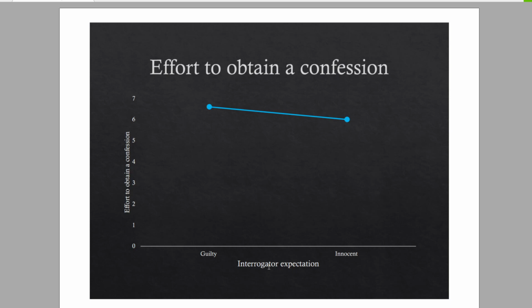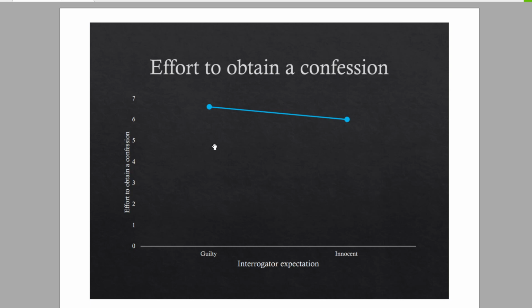This was how much interviewers expended effort to obtain a confession from a suspect, and either the interrogator had a guilty expectation or an innocent expectation. You can see that they put a lot more effort into obtaining a confession when they thought the person was guilty than when they thought they were innocent.